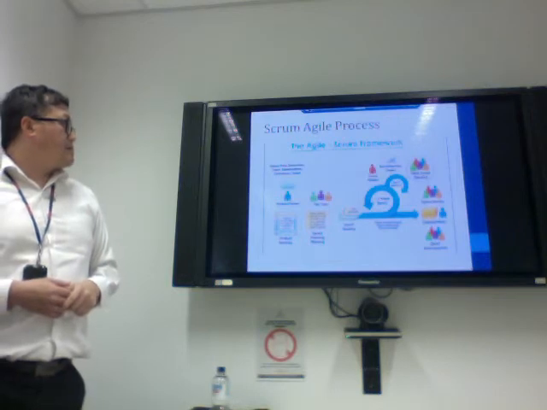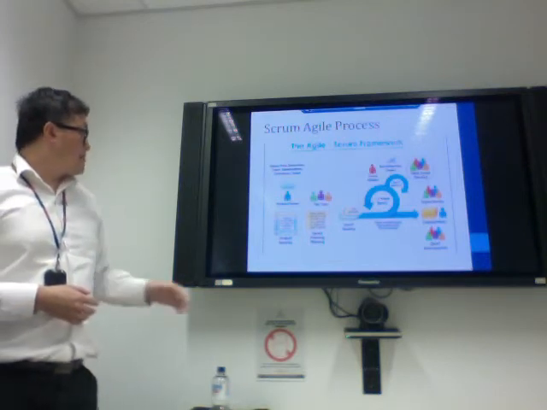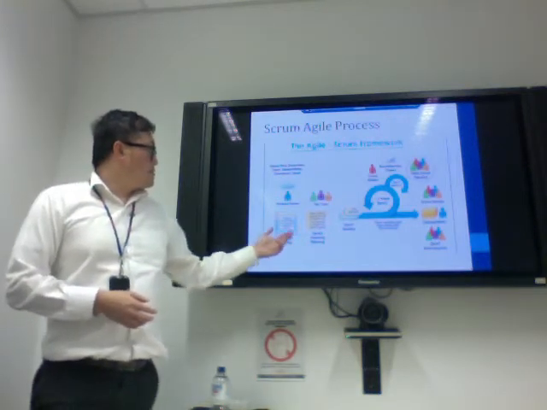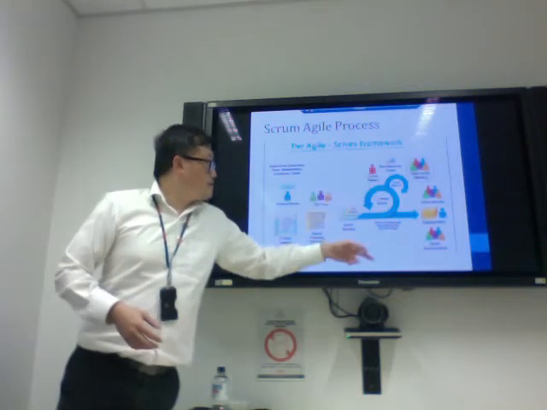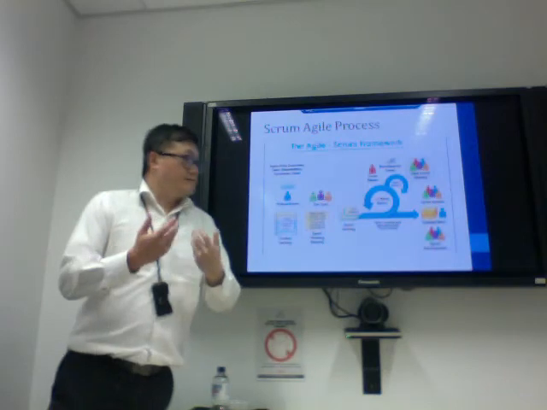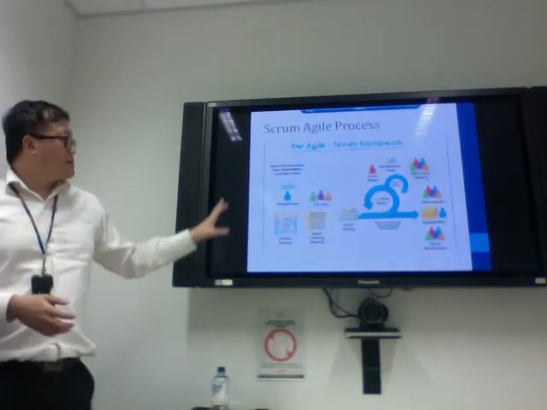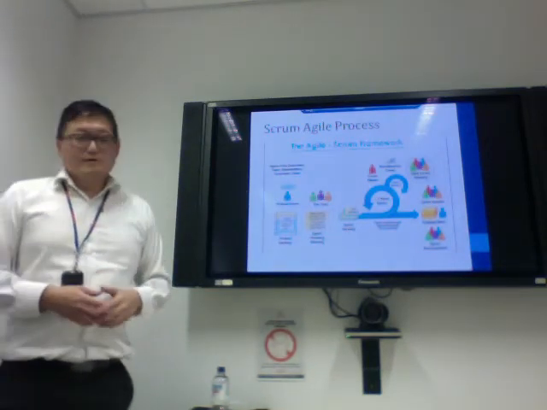Also, you can see the artifacts such as the product backlog, the sprint backlog, the burn down chart, and the finished work, the work that's been produced throughout the sprint. So I'll run through all these various components.